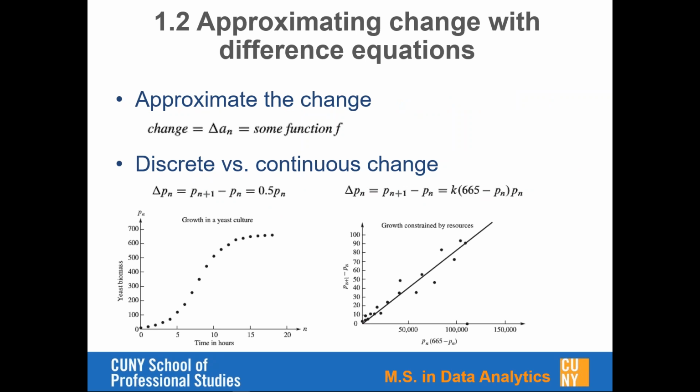Yeah, and then in the second section we discussed that the change is some sort of function. How can we approximate that function? The change could be discrete, it could be continuous. You can say that the one on the left side is one potential application, the growth in a yeast culture as time goes on, and how this function changes.